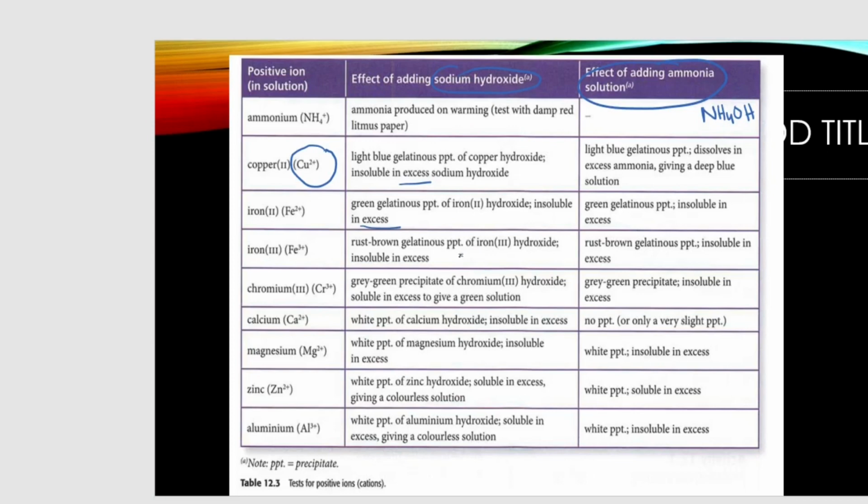Okay, so here is the famous test for copper ions. Copper ions give blue precipitate, and with excess sodium hydroxide it is insoluble. It gives light blue PPT with ammonium hydroxide and dissolves in excess ammonia, giving deep blue solutions. So whenever you see the blue colored PPT, it must be copper ion.